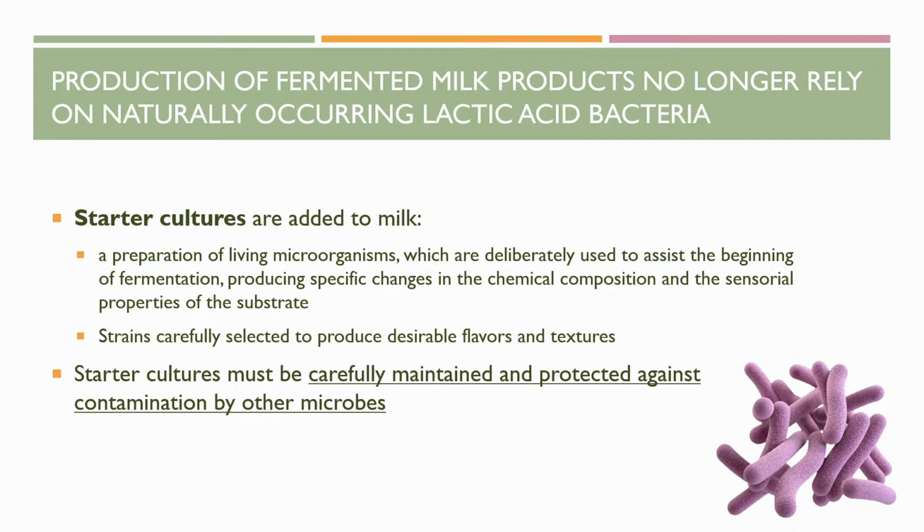The natural way that milk products become fermented with lactic acid bacteria is no longer used. We don't let things just happen naturally. We try to take control, and we make starter cultures where we know the microorganisms that are needed. If we know it's lactic acid bacteria, we prepare those microorganisms, and they're deliberately used to assist the beginning of fermentation to help speed it up, produce the specific changes in the chemical composition that you need, and the properties that you want.